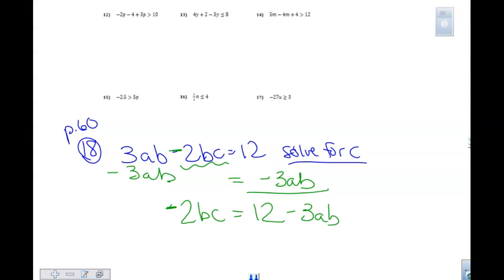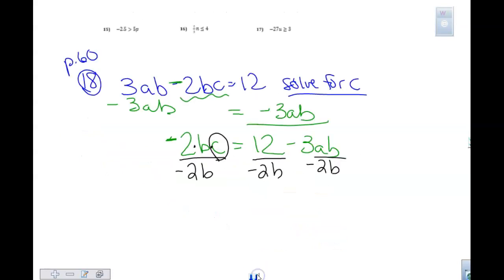So at this point, we have our problem. And I am trying to get C by itself. Well, this is negative 2 times B times C. So I'm going to divide it by both negative 2 and B for each problem. Well, when I do that, I'm left with C, because this is the same as 1 over 1. And I'm going to take 12 and divide it by negative 2.